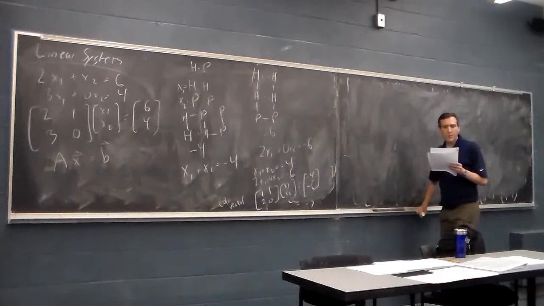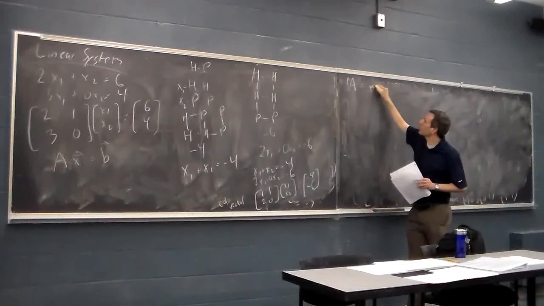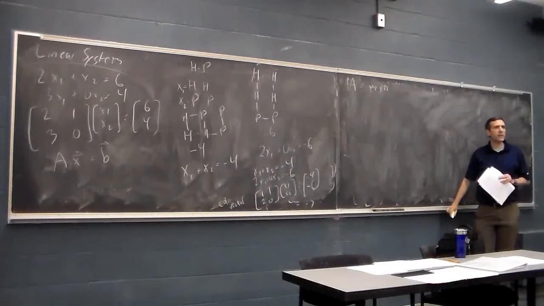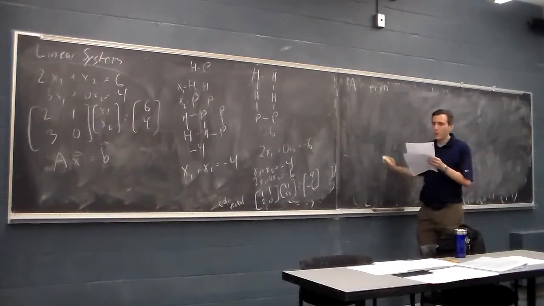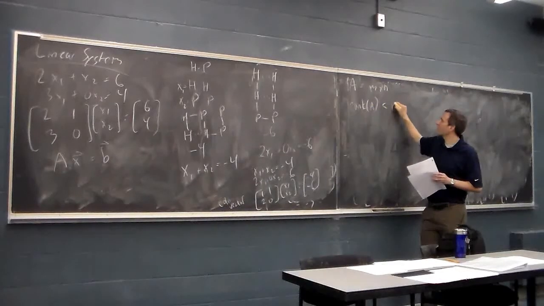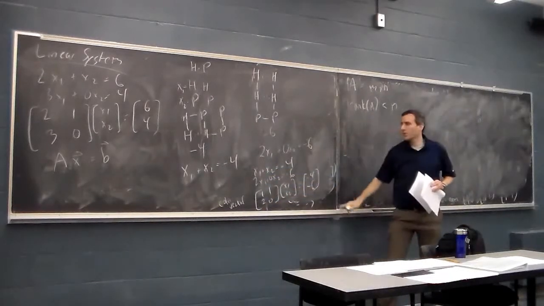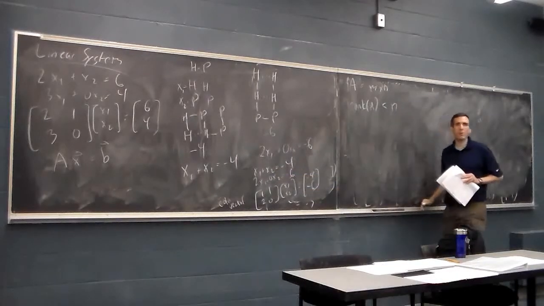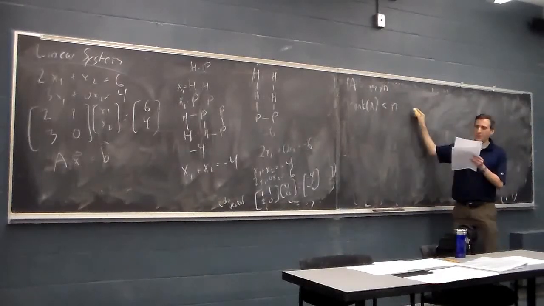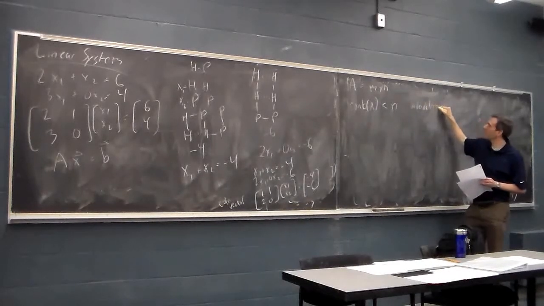Okay, so when we talk about linear systems, we're going to assume that we've got some matrix A, which we'll say is canonically m by n. And this is where we care quite a bit about the rank of the matrix. So if we have a matrix A where the rank of A is less than n, so m would be the number of equations, that's the number of rows, n is the number of columns, which are typically the number of variables, then if the rank is less than the number of variables, this is an example of what's called an underdetermined system.